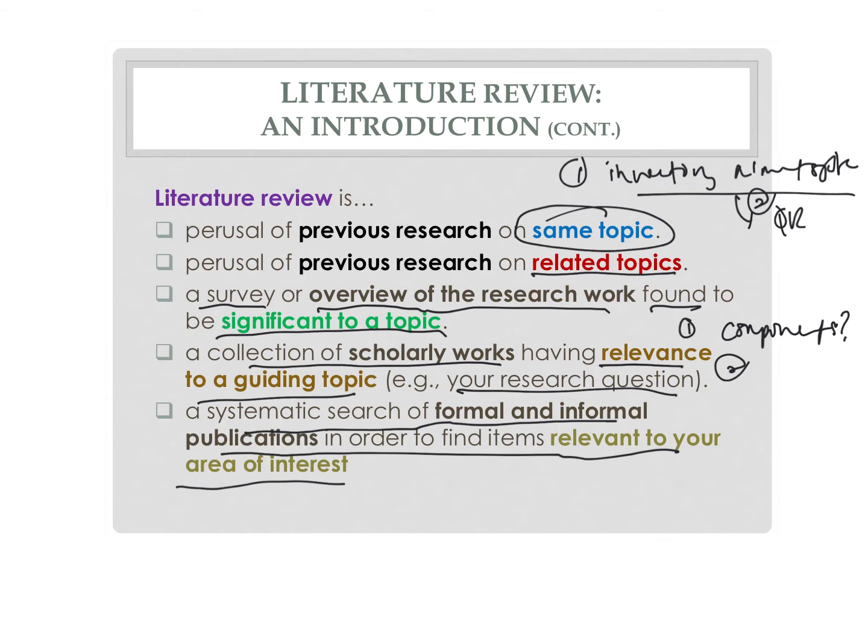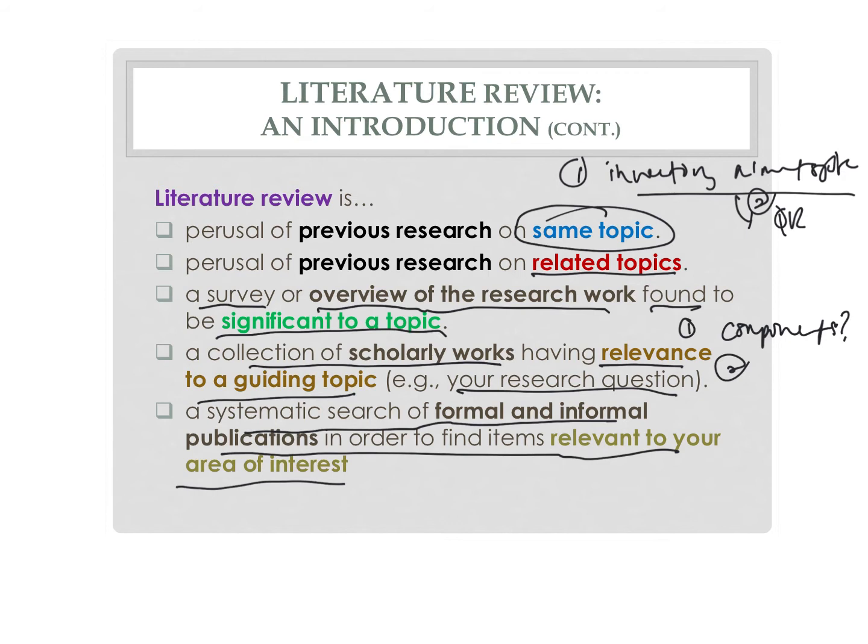Literature review is reading through articles. What type of article may have the same topic as your research, or related topics to your research. And also you may find a significant topic to your research.